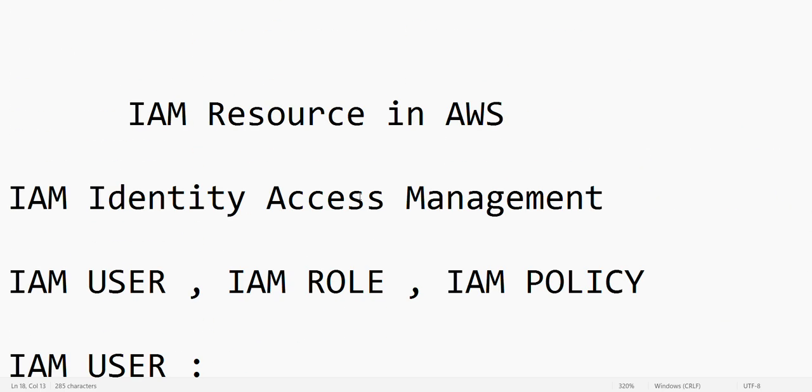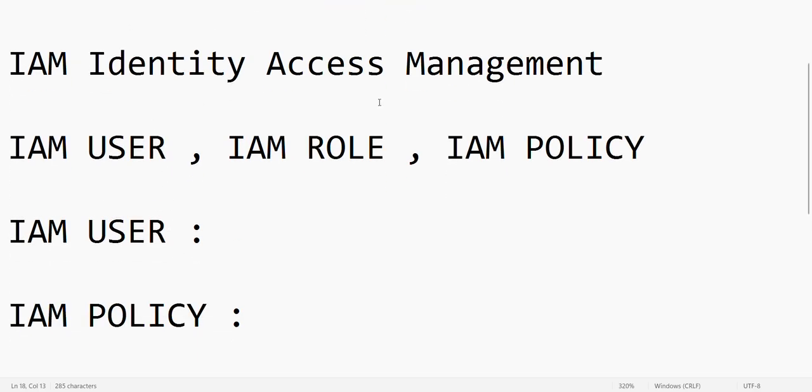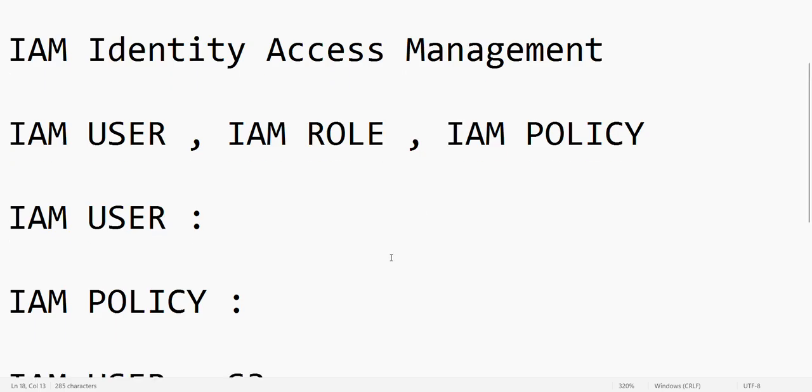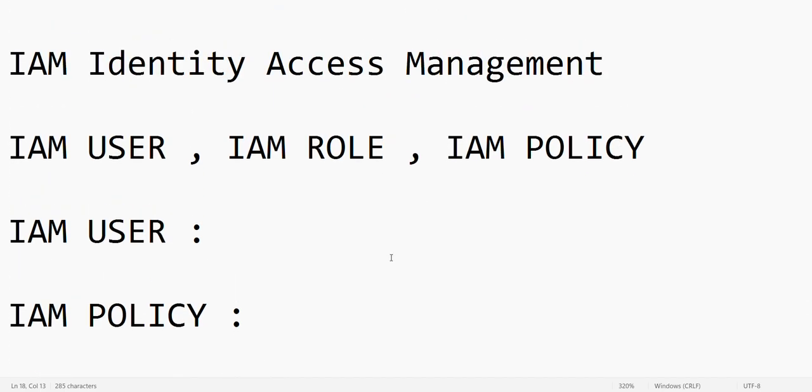Then coming to the concepts from the start. IAM stands for Identity and Access Management. In the name itself, we can tell it is related to access and management. In this video, we have discussed IAM user, IAM role, and IAM policy.